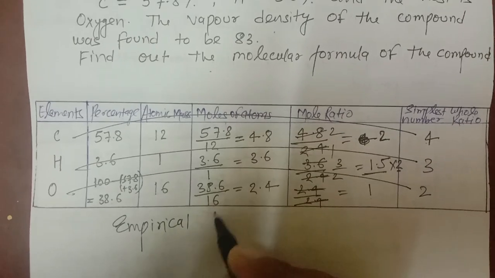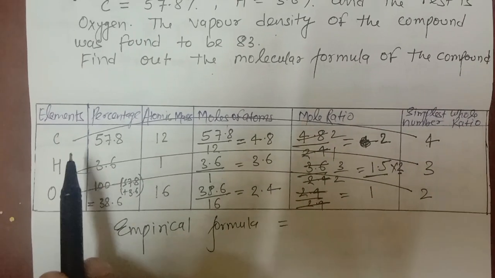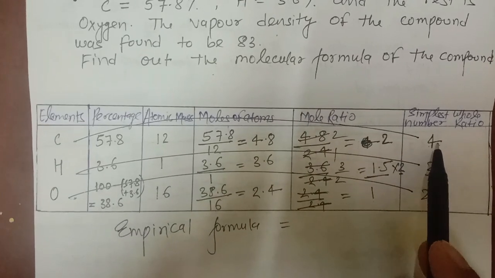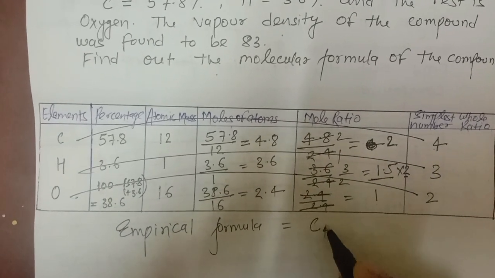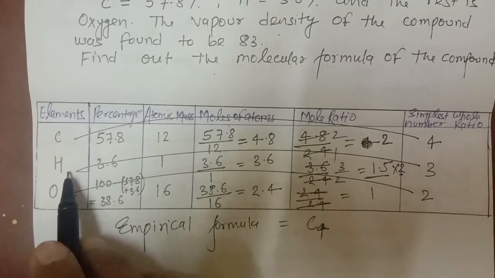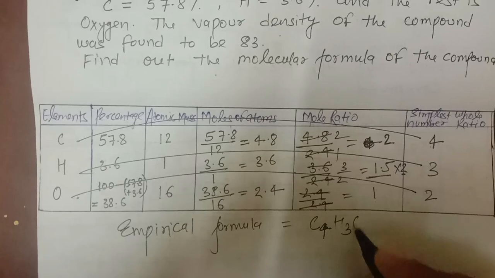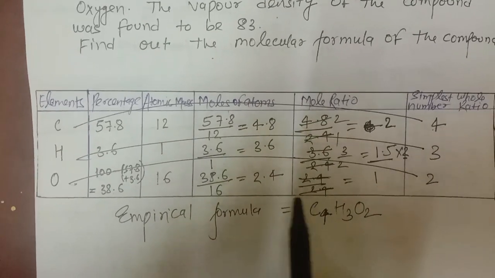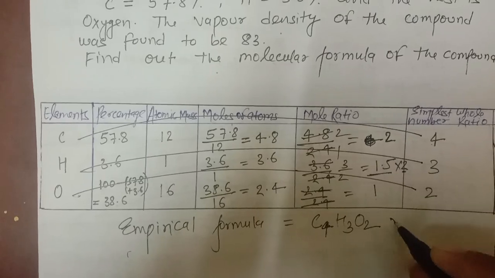Here how many carbon are in the simplest whole number ratio? Carbon 4. So we'll write C4H3O2. This will act as the empirical formula of this compound.